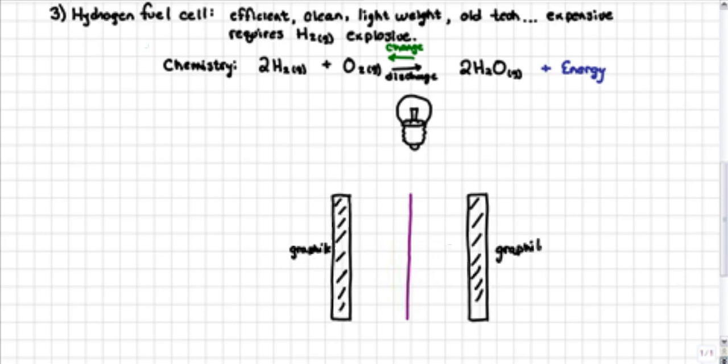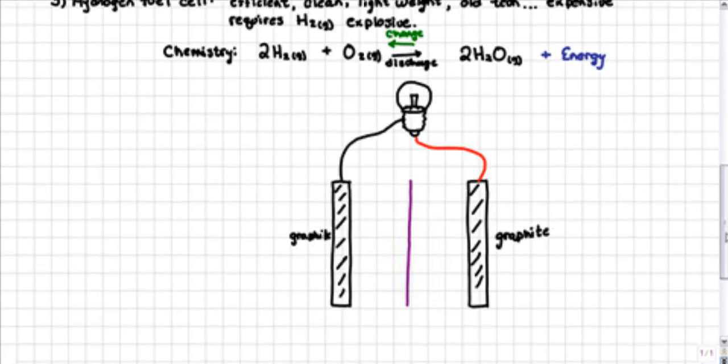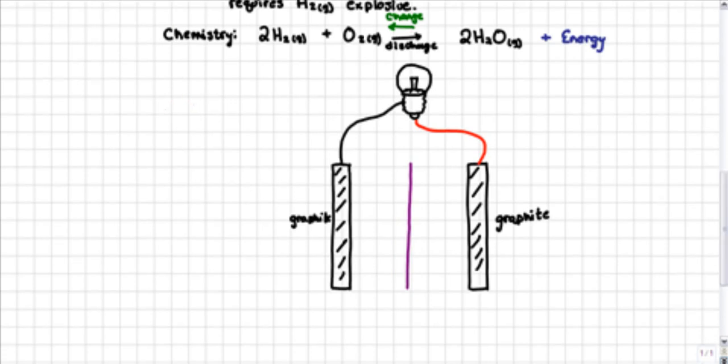These are the electrodes through which the electrons will pass. We're going to attach one of these electrodes to one side of the light bulb and the other side of the light bulb to the other electrode, just like this. And so our light bulb will simply bridge the gap between the two graphite electrodes. Now, on the left-hand side, we're going to have the process of oxidation.